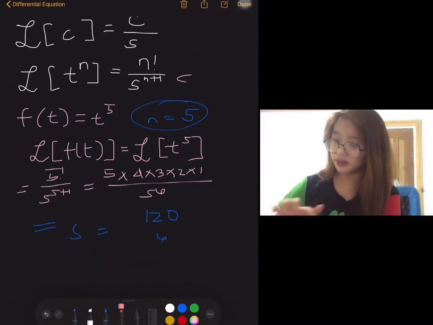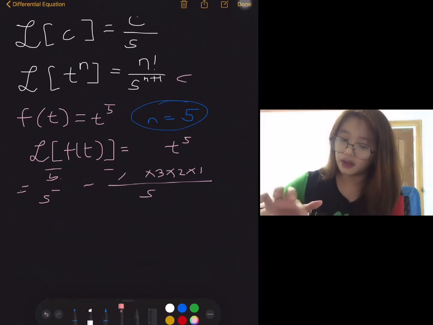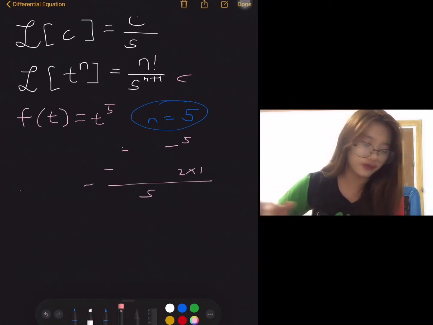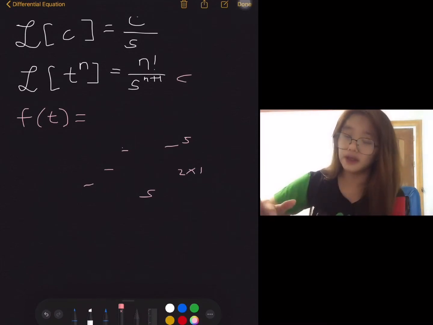Let me erase it. Let's say we have this one, including the Laplace transform of a constant.